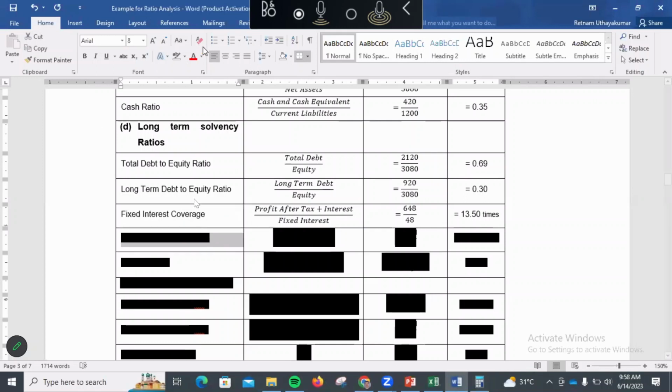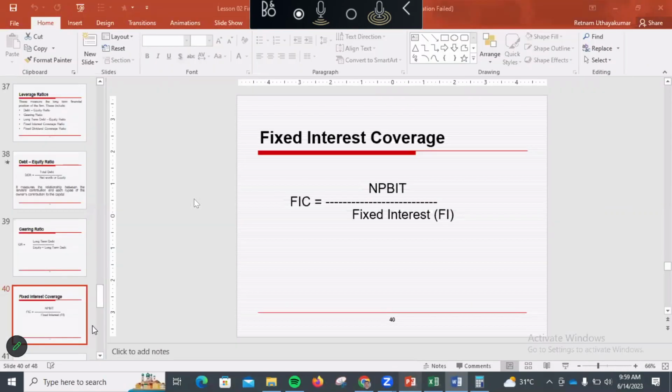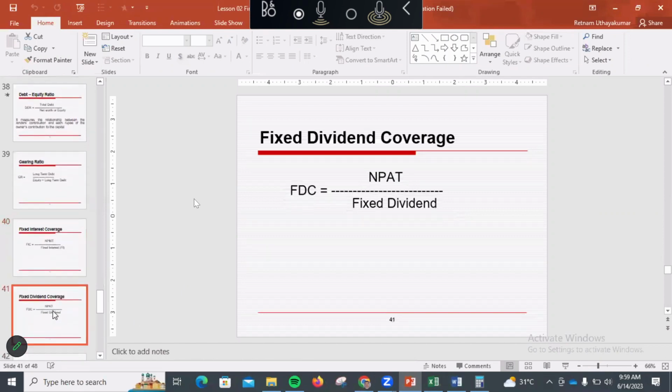So next thing, fixed dividend coverage. Net profit after tax over fixed dividend. Fixed dividend in the sense of the preference share dividend.